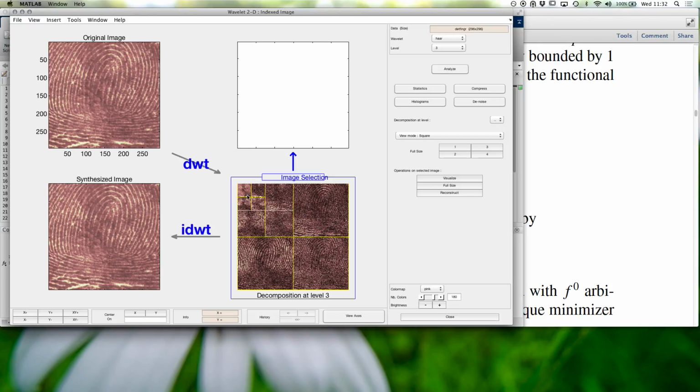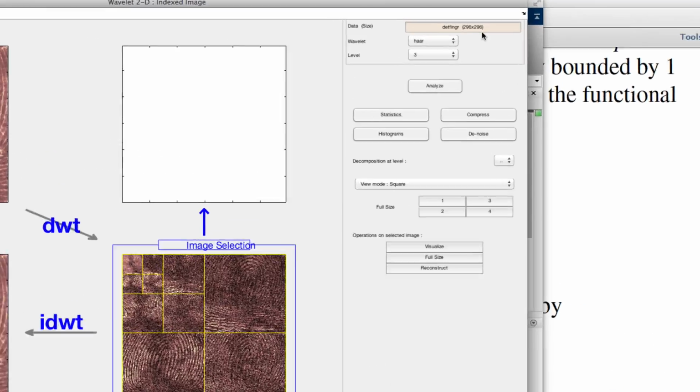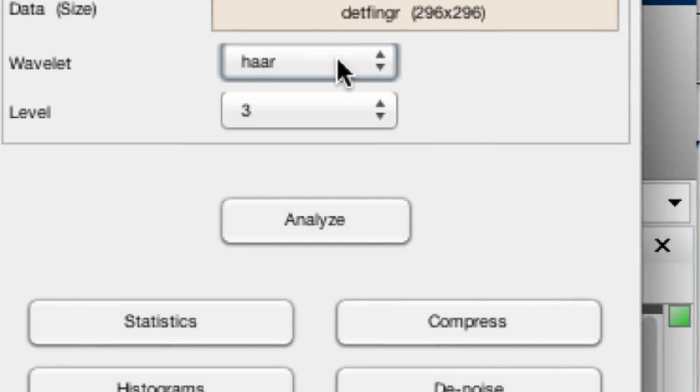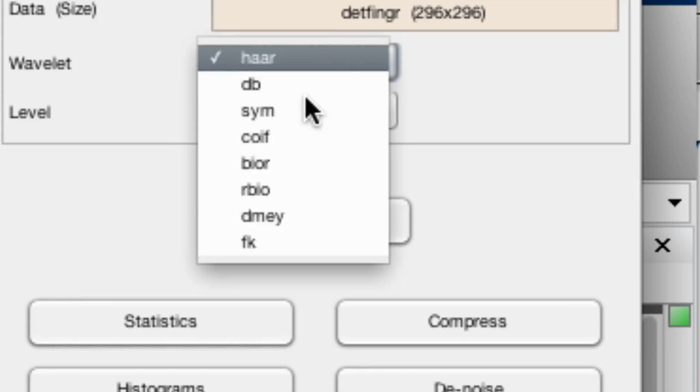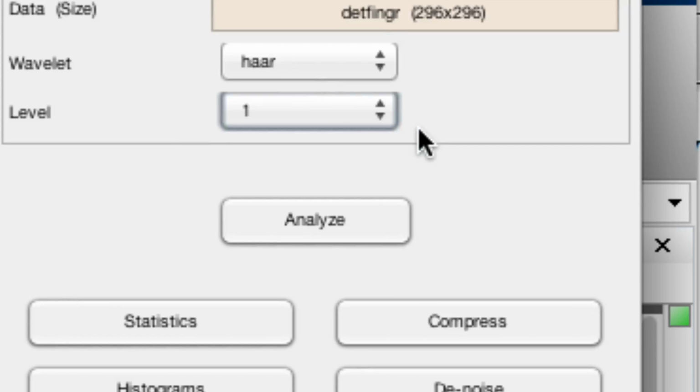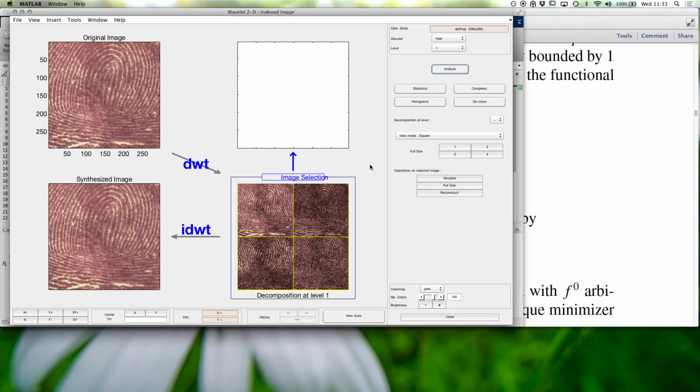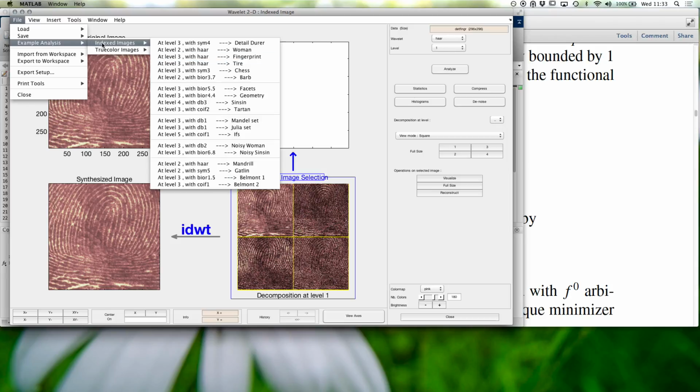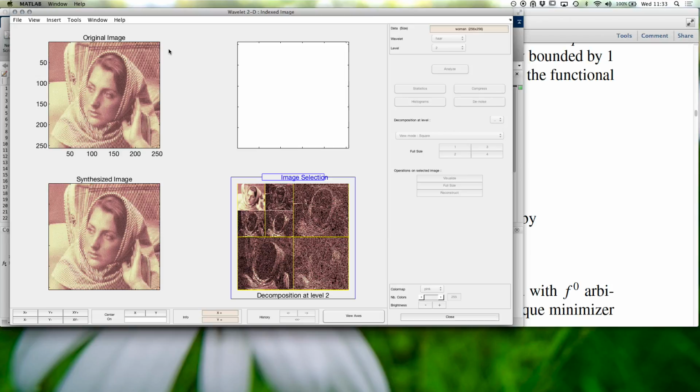So what happens here? Let's use the Haar wavelet like we did in the tomography computation, and let's first just do one level. We'll do the analysis. Maybe the fingerprint is not such a good example, let's take another image. Maybe it's more natural to see. I think this is maybe the Barbara image.